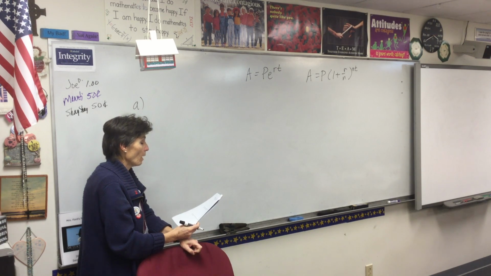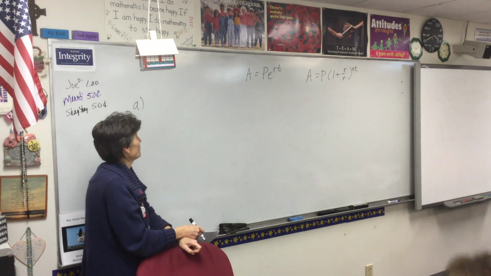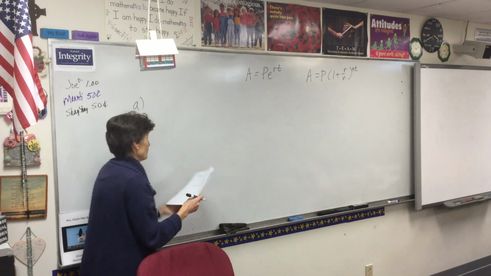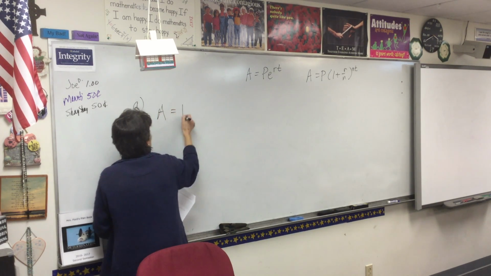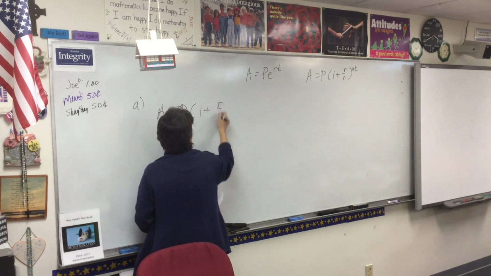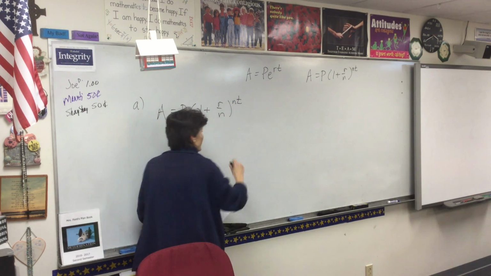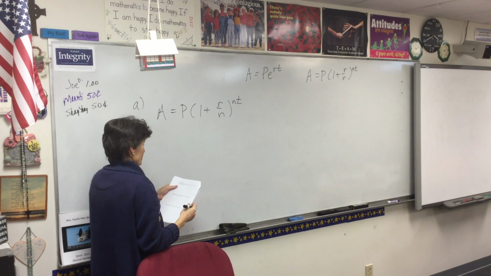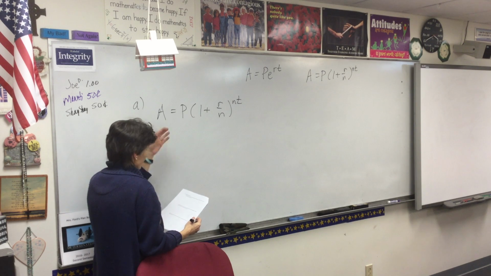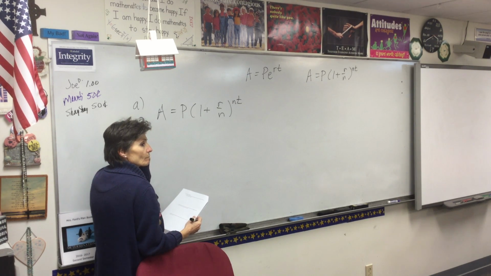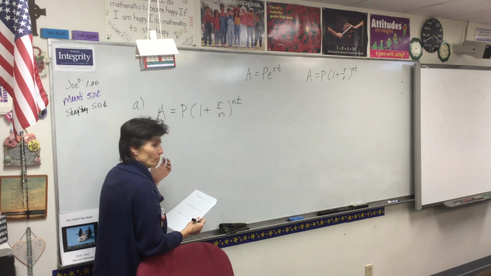All right, so what formula am I using for problem A? The second one. So I'm going to write it down and start plugging in stuff. What am I putting in for A? I don't know, but it's going to be double P, right?